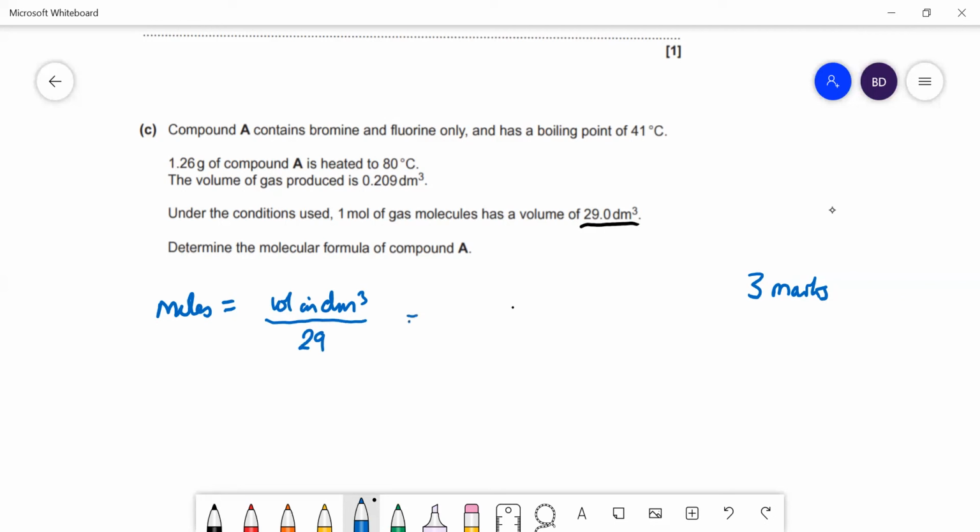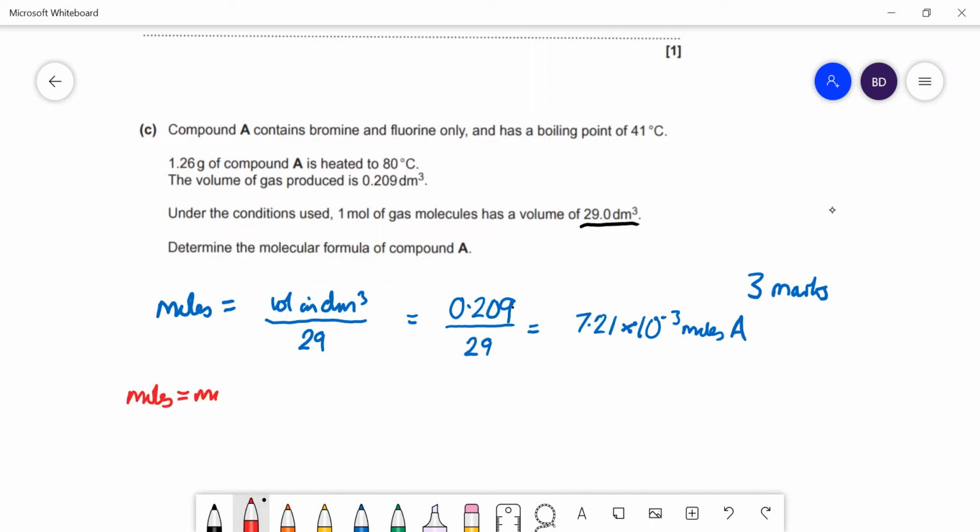Right, so we need to work out how many moles we've got. Well, we've got 0.209 dm cubed divided by 29. That is equal to 7.21 times 10 to the minus 3 moles of the compound A. Now we know that moles is equal to mass over Mr. We want to work out the Mr of this gas because we want to work out the molecular formula.